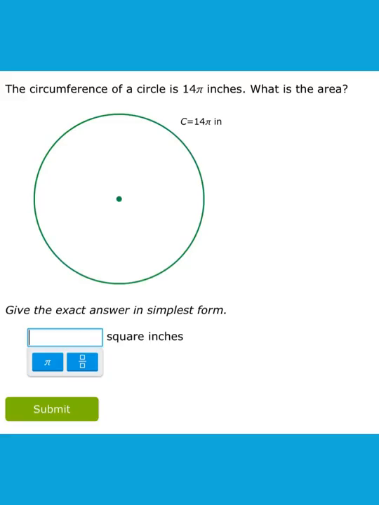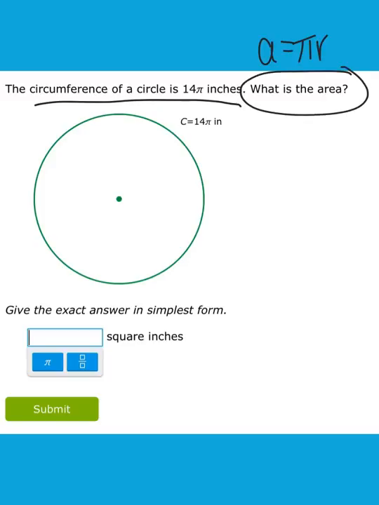For this problem, we have to do a little bit more work. They tell me the circumference is 14 pi inches, and it wants to know what's the area. Well, I know the area formula is pi r squared, and circumference is pi times diameter, or 2 times pi times radius.